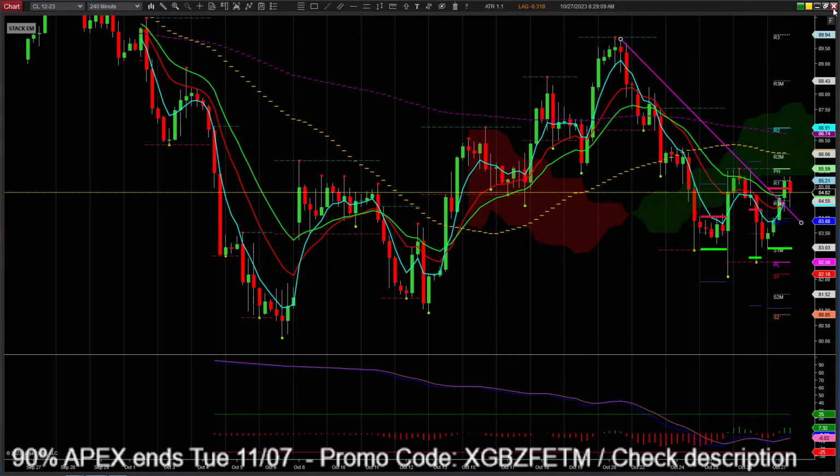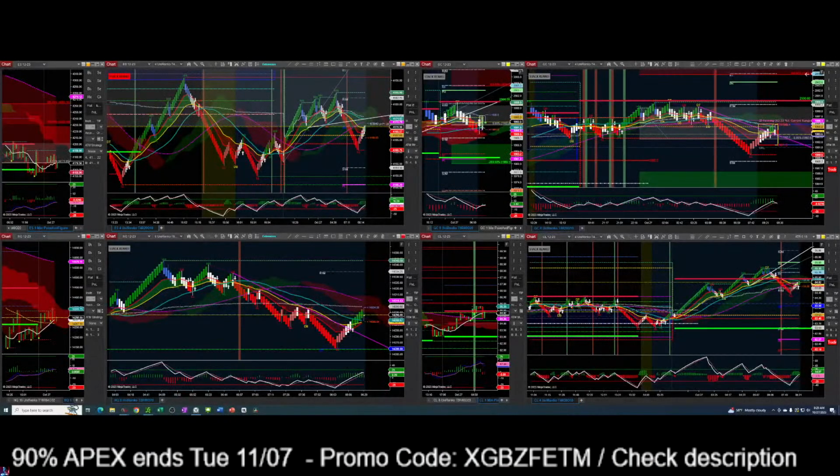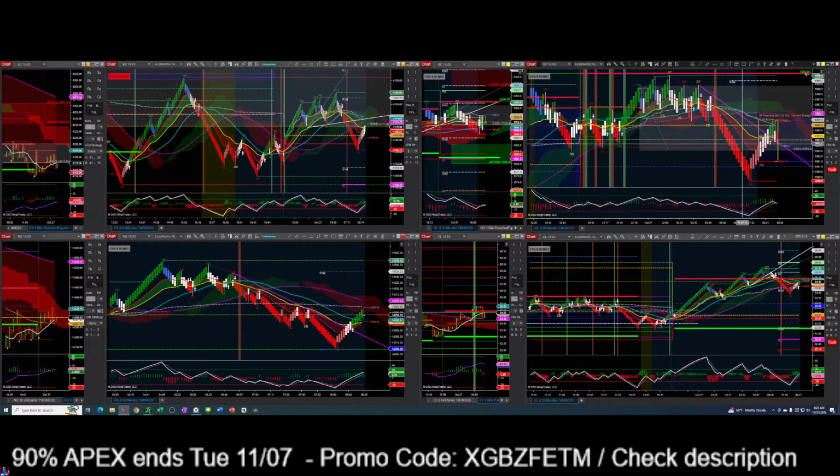Let's go back to see what gold is doing. And it seems that it's giving us a wick out of this moving average, which is the 50. Not really that much convincing.